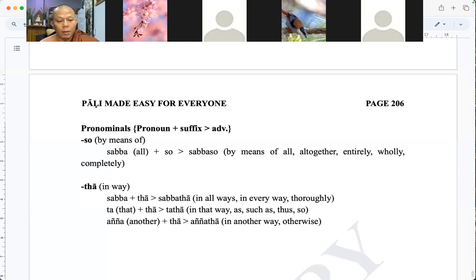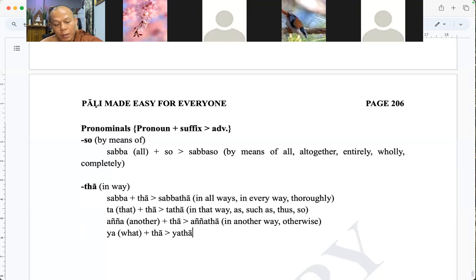And also ya, the relative pronoun, commonly goes together with the da and the ta.